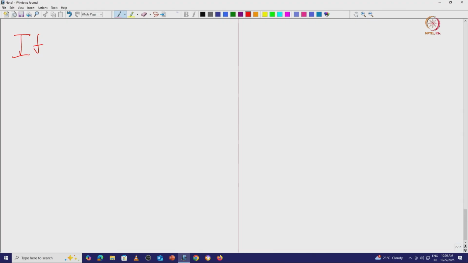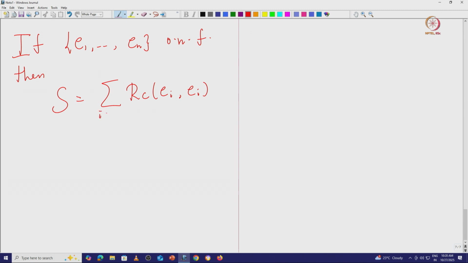Okay, so if for instance this is actually an orthonormal frame, then the scalar curvature is precisely just the sum of Ricci of (E_i, E_i), where i goes from 1 to n, right. So if you take the matrix for the Ricci tensor corresponding to this basis, then essentially you are just summing up the diagonal terms, right. So that is the scalar curvature.